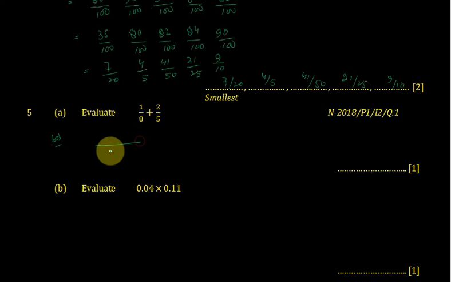I am taking the LCM of 8 and 5, which is 40. So 5 multiplied by 1 plus 8 multiplied by 2, so it is 5 plus 16 upon 40. 8 fives are 40. So finally the answer is 21 upon 40.